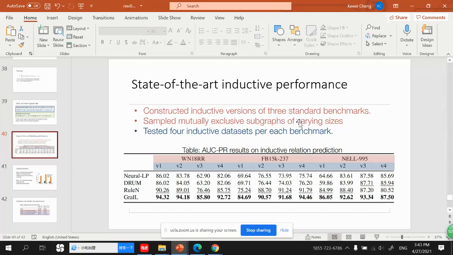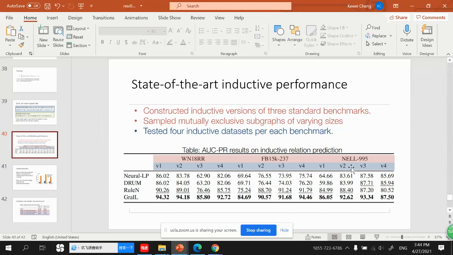From my point of view, as long as we learn the correct rule, the performance of the downstream task should increase, right? So I thought, if we are doing large graph completion, it's indeed reasonable to compare with these rule mining algorithms.